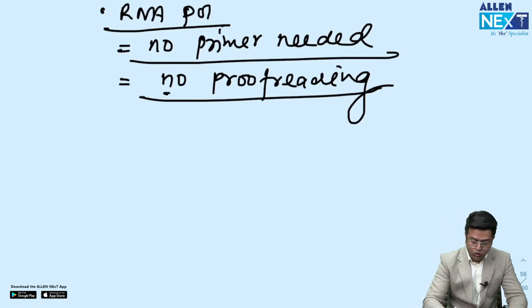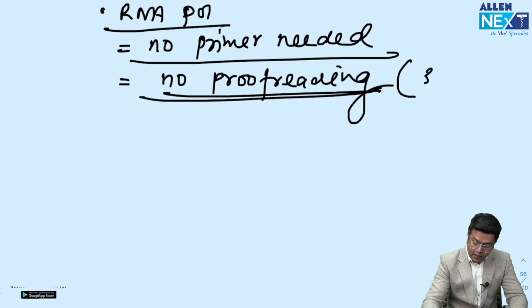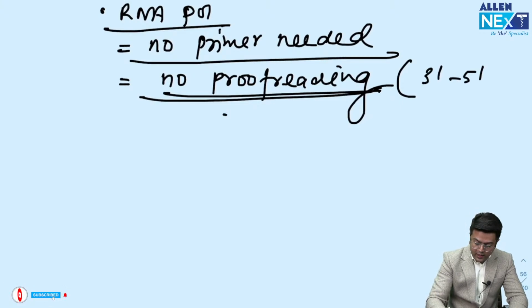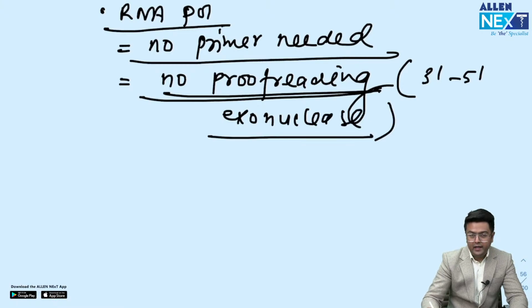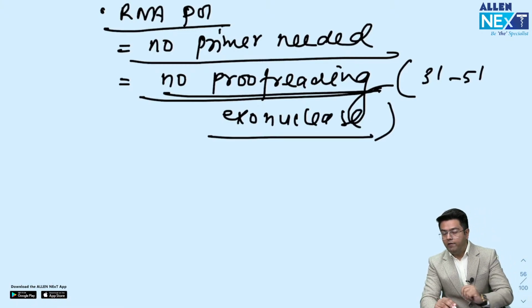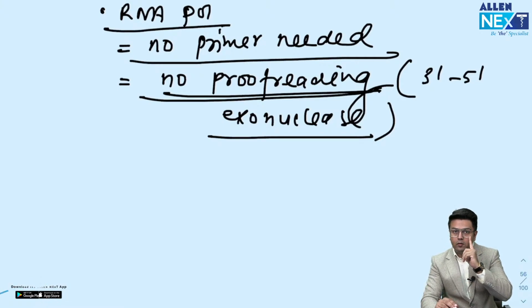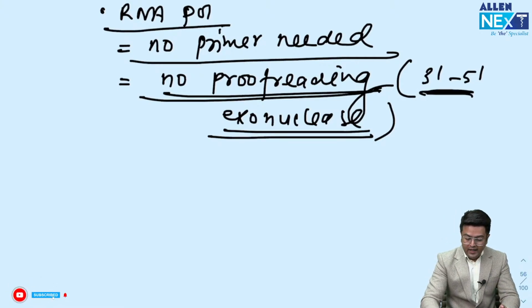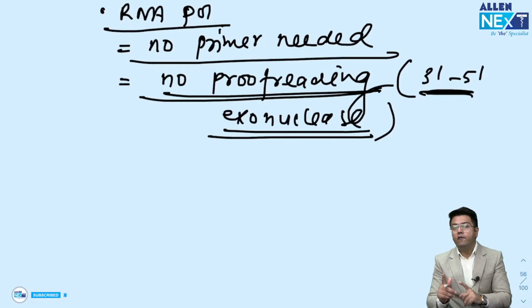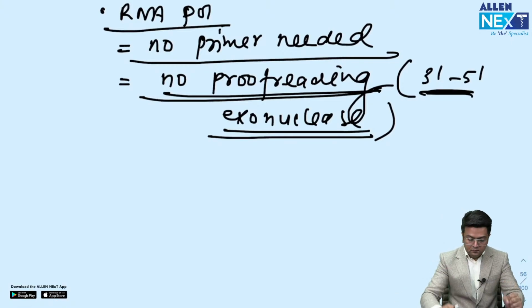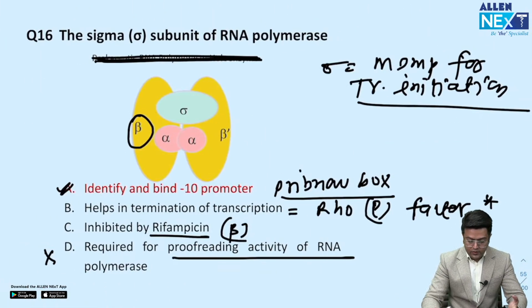So guys, if there is no proofreading, what is the direction of proofreading? 3' to 5' exonuclease. So there is no 3 to 5 activity in RNA polymerase, but that is found in DNA polymerase. Because this can be important. That means RNA polymerase only works in the 5 to 3 direction, never in 3 to 5, right? Okay, so that is all about the RNA polymerase of bacteria.